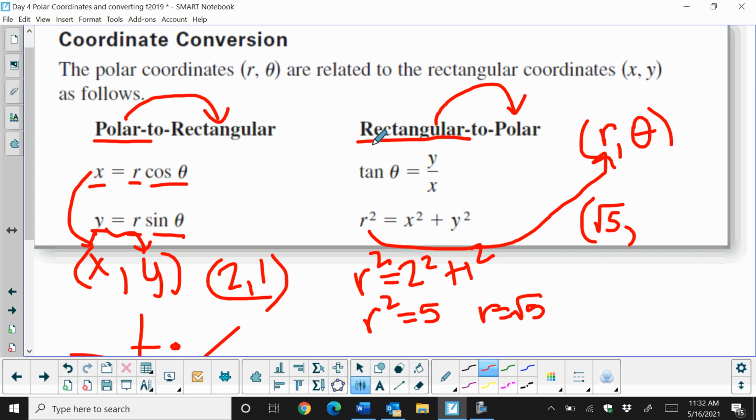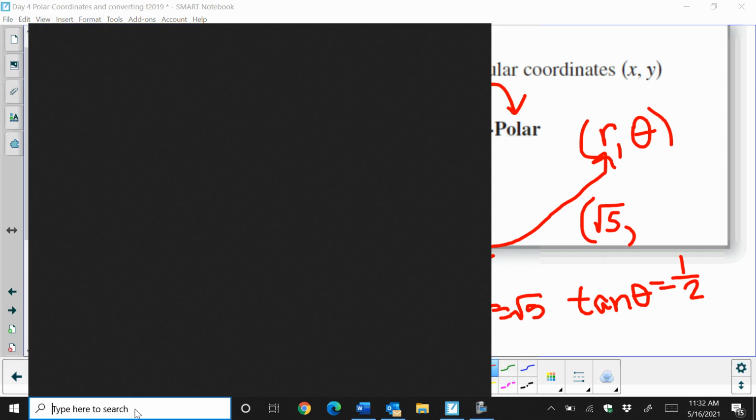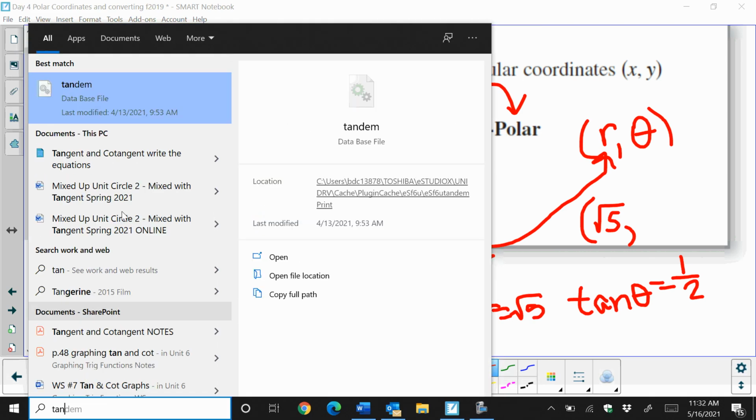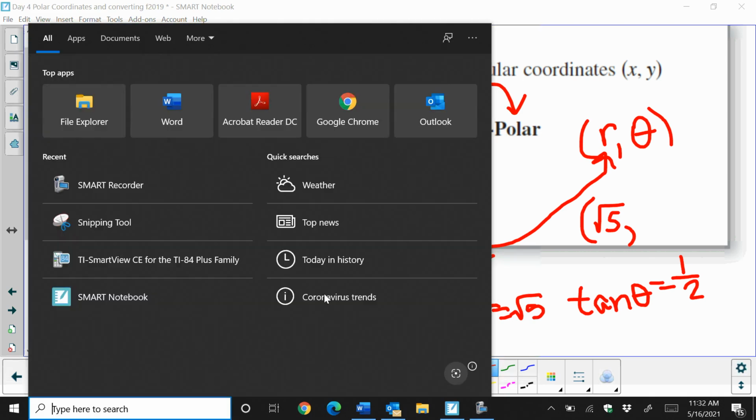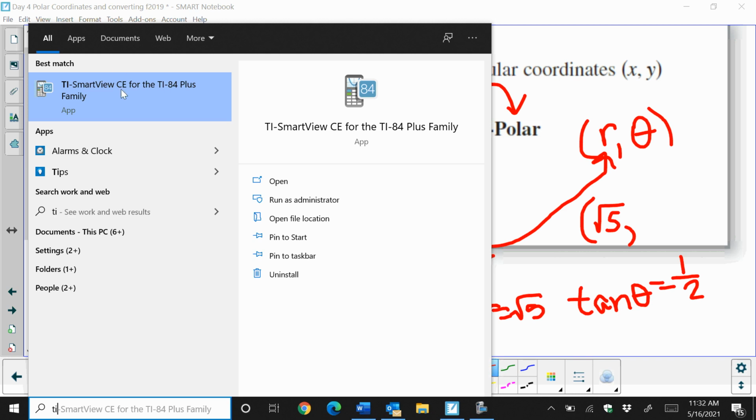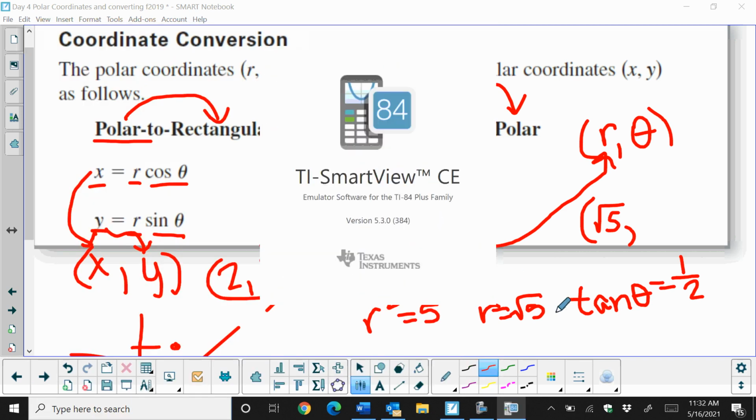And then we learned how to find rotational angles in the last unit. We just take the tangent of theta, and we take our y-coordinate, which is 1, over our x-coordinate, which is 2, and we use the inverse tangent. So let's grab our calculators, and get my TI up here, and let's find out what that angle of rotation is.